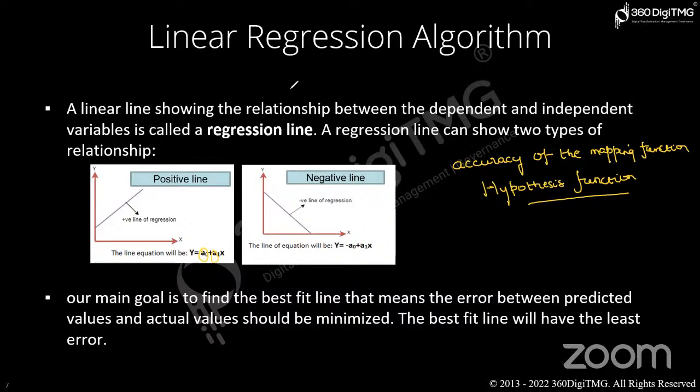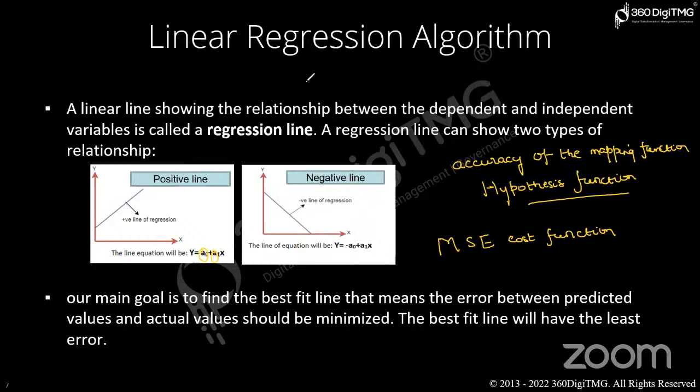When you talk about linear regression, we use something called the mean squared error function. Mean squared error cost function, which is the average of squared error occurred between the predicted values and your actual values.